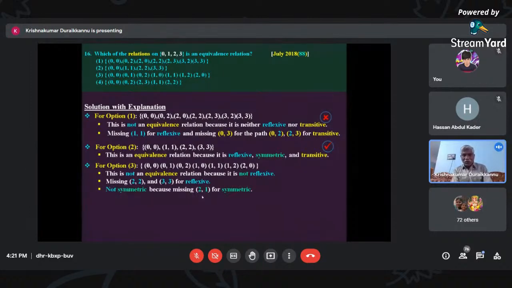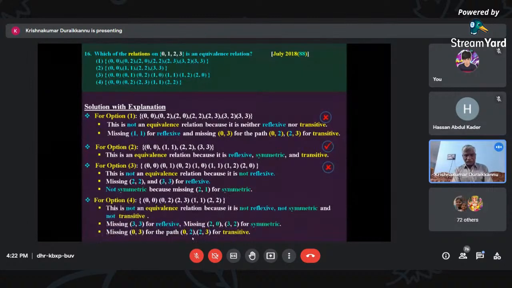Not symmetric because (1, 2) is present, but (2, 1) is not present. If (A, B) is present, (B, A) should be present. Option 4: here also (3, 3) is not present, so it is not reflexive.